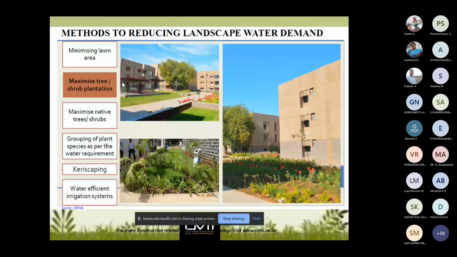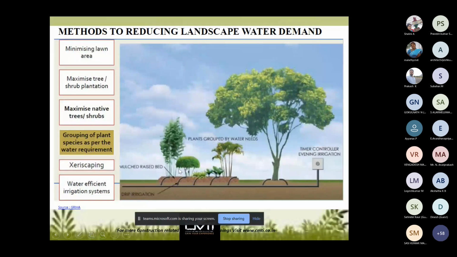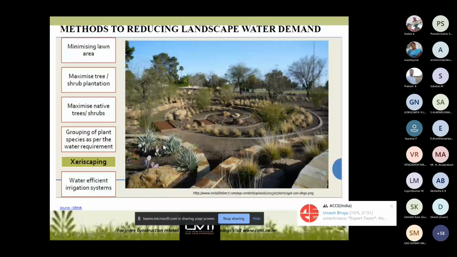Here you can see the time controller and evening irrigation. There is also rescaping, an alternative where native species are used, and there are even natural STPs where many plants can purify untreated water into treated water. You can Google and see what rescaping is.